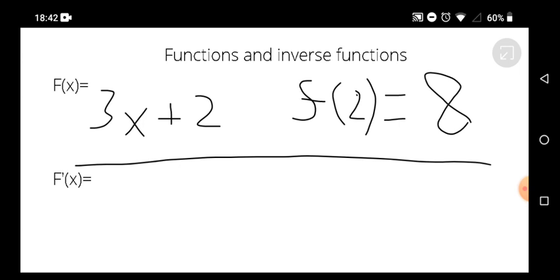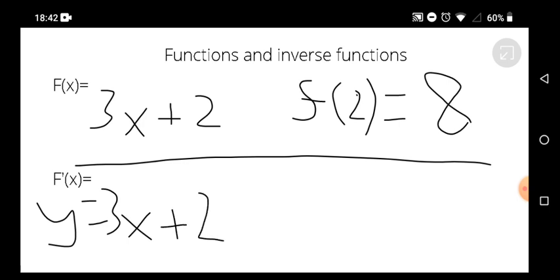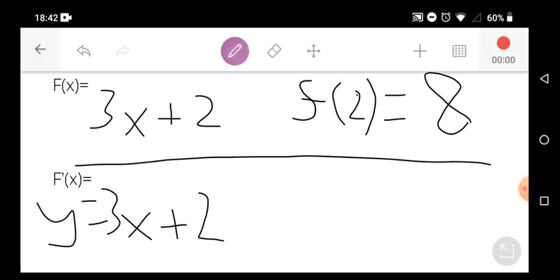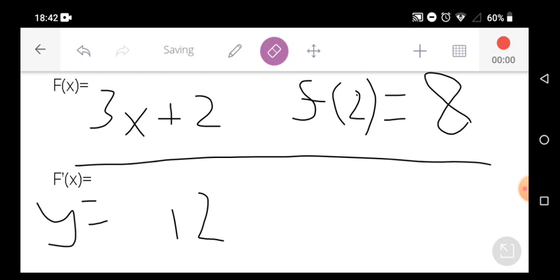What we're going to do is we're going to write it as y equals. Y is equal to 3x plus 2. What we're going to do is I'm going to put the x, and the 3 as well, I'll add that back in, and the y if I can.